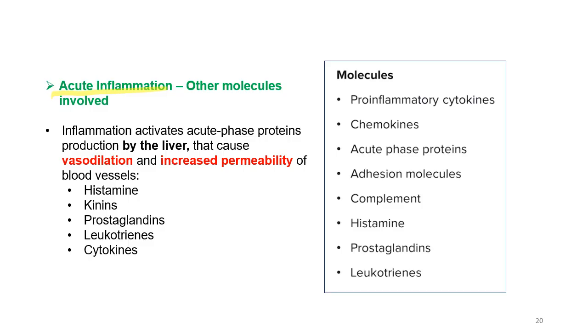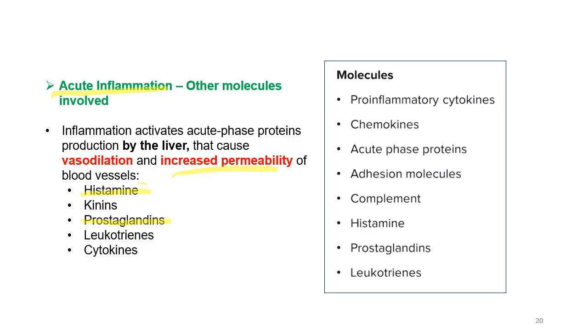You have here molecules that are going to dilate your blood vessels, molecules that are going to bring other leukocytes to the area, those chemoattractants, and the same molecules that can dilate blood vessels, a lot of times they are going to increase the permeability of those blood vessels and cause some expression of molecules on the blood vessel cells. All right, so here are the molecules that you should absolutely be familiar with. Histamine, prostaglandins, and of course cytokines, inflammatory cytokines.